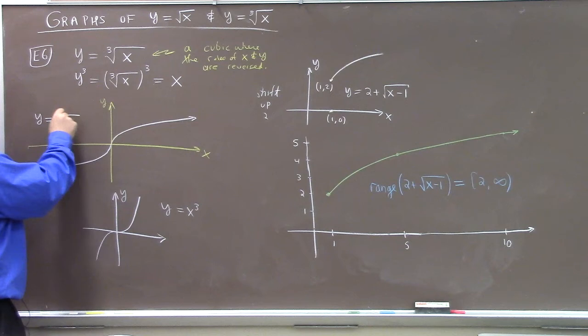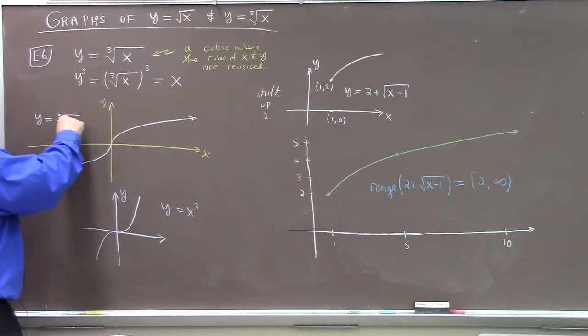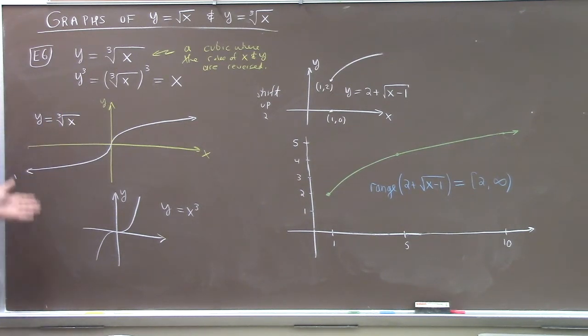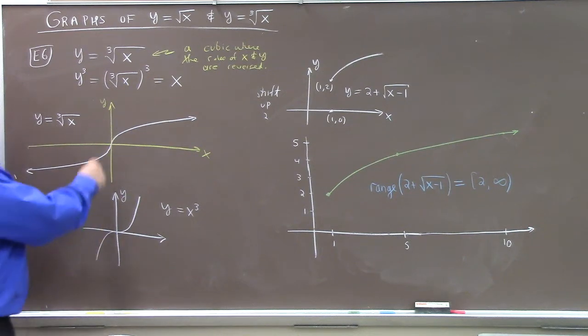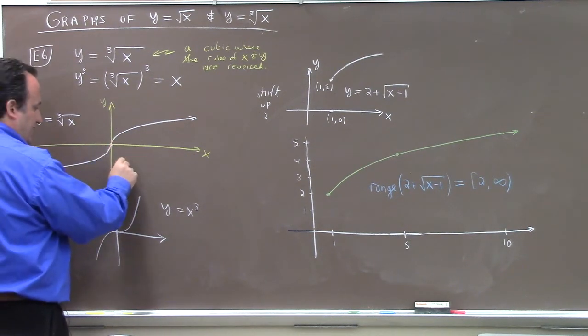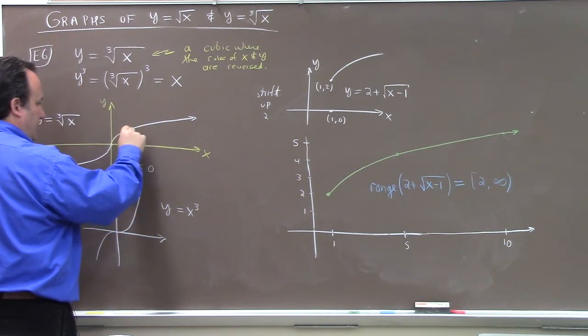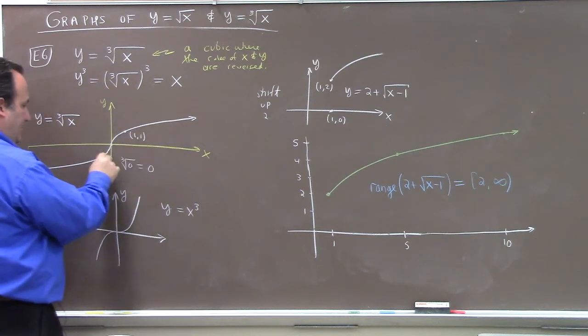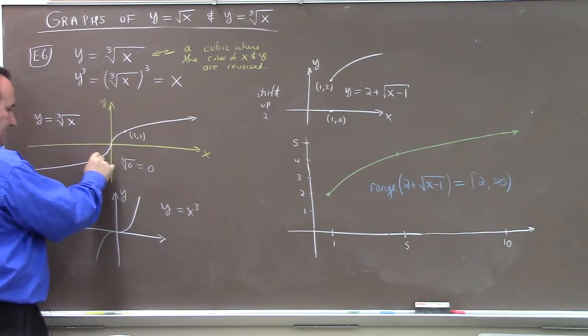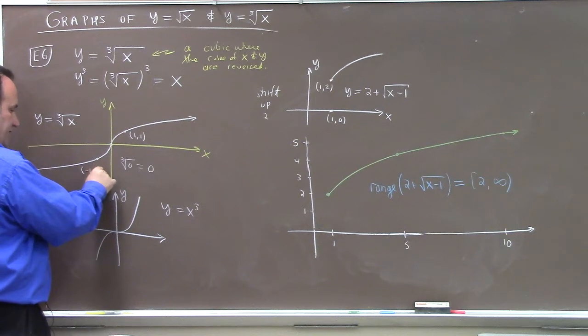So it's the same shape, it's just turned on its side. That's the cubic. Now I can add some points here, like the cube root of 0 is 0. The cube root of 1, this point is like 1 comma 1, right? It's also got the point minus 1 comma minus 1, right?